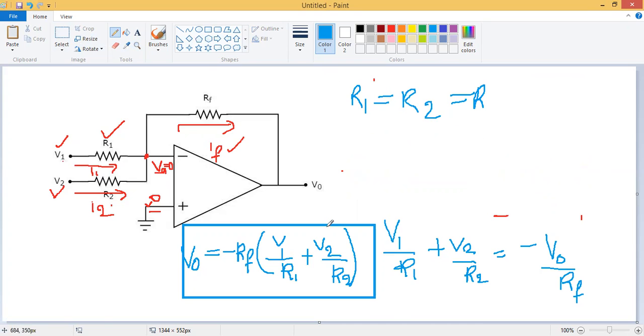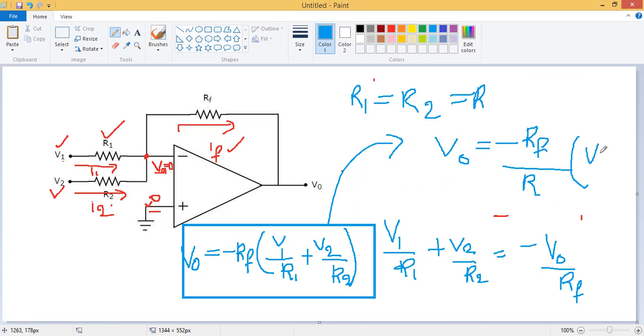Then we can write this expression as V0 equals minus RF by R into V1 plus V2. This is the output voltage expression for this particular inverting adder circuit.